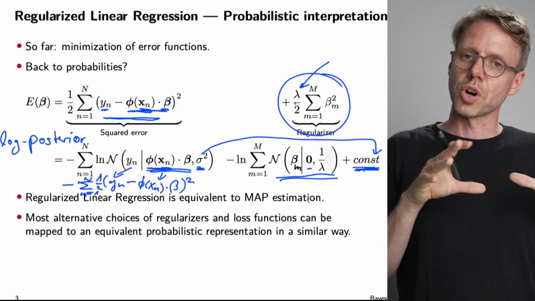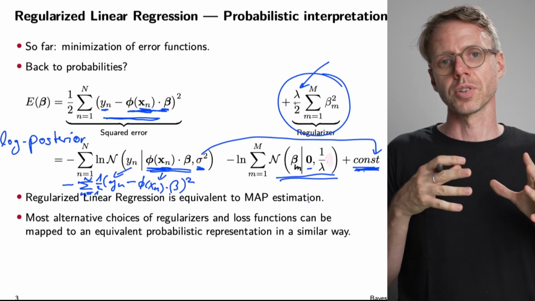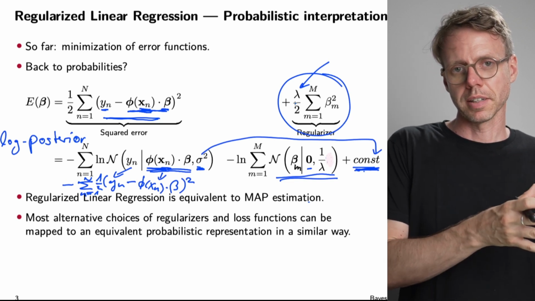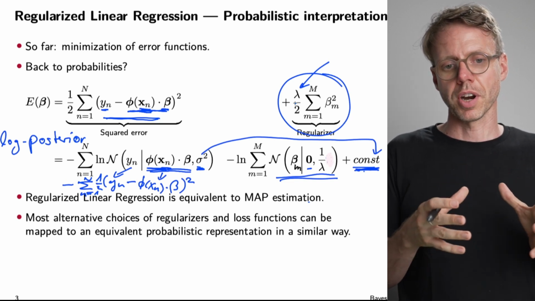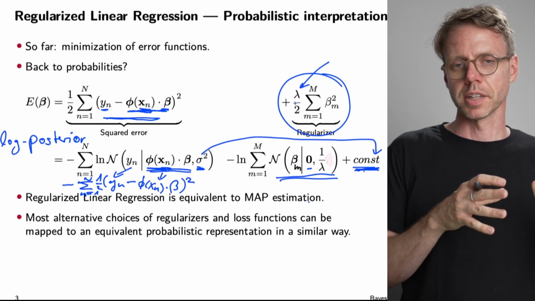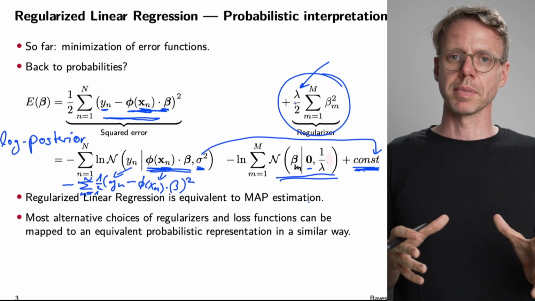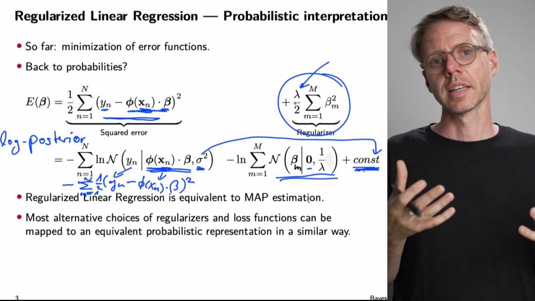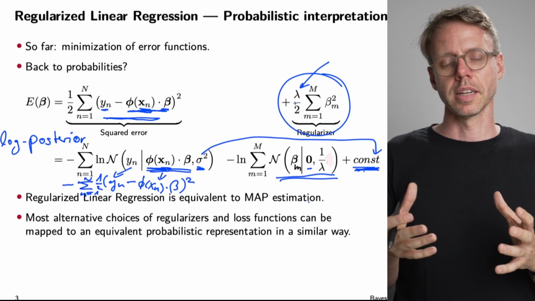In fact, not only ridge regression, so L2 penalization of the regression weights, can be interpreted as maximum a posteriori estimation, but also other common regularizers can be interpreted in a similar way.